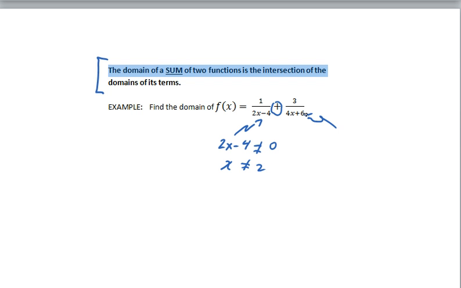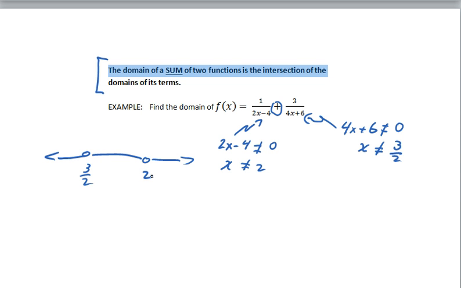Here we know that 4x plus 6 cannot equal 0, so x cannot equal 3/2. So again, we have the situation where we have two holes in the number line, this time at 3/2 and 2.